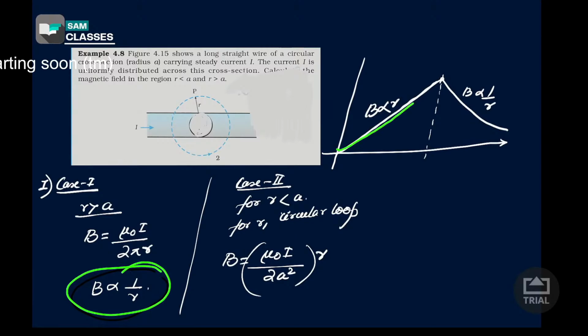So it is like this, not straight. See the formula part. If I see inside or outside, what is the relation? Outside, when R is more than A, this is my A part, what is the relation? Directly proportional, correct?